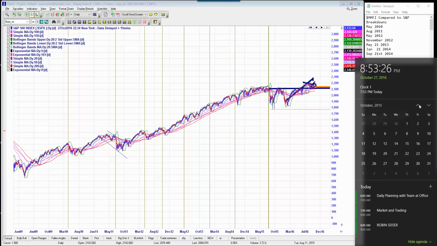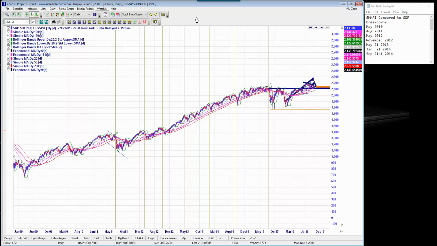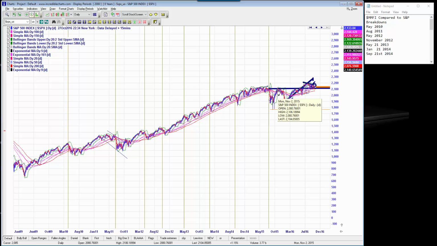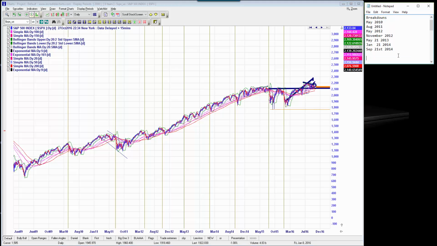What was the open options expiration in August? There you go. Third week, 17th. It started to break down in that third week. All right, interesting. And then, of course, we have the top of the market, November 2nd, really started to break down in December 2015. So those are all of our key dates.